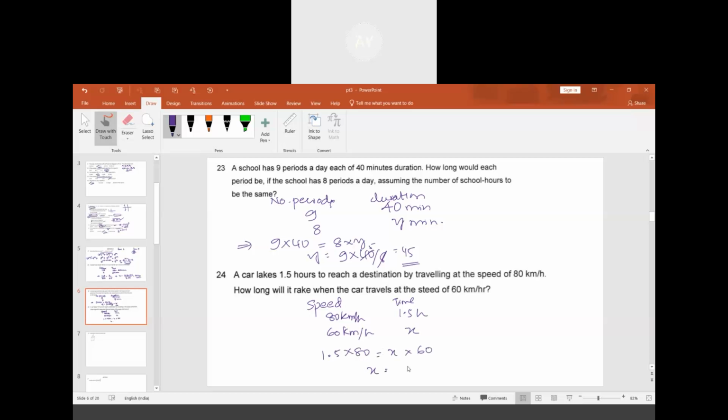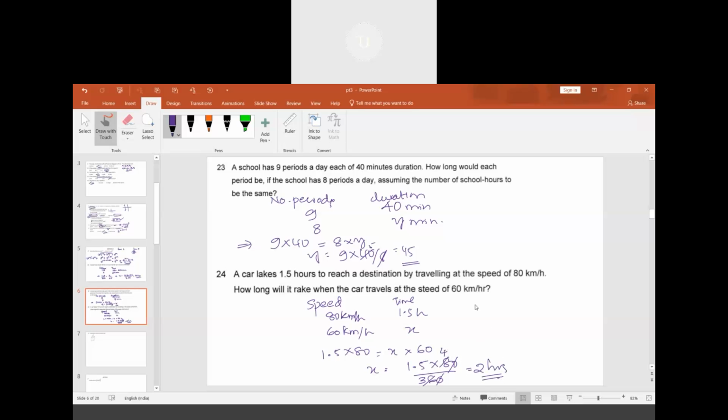So x will be 1.5 into 80 by 60. Zeros cancel. This will be 4 by 3, 1.5 into 4 is 6, 6 by 3 is 2. So 2 hours.